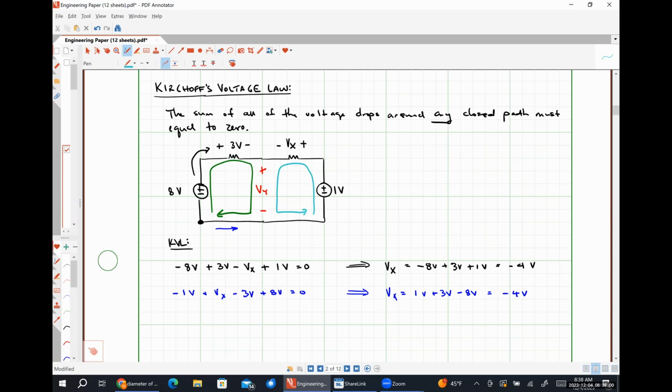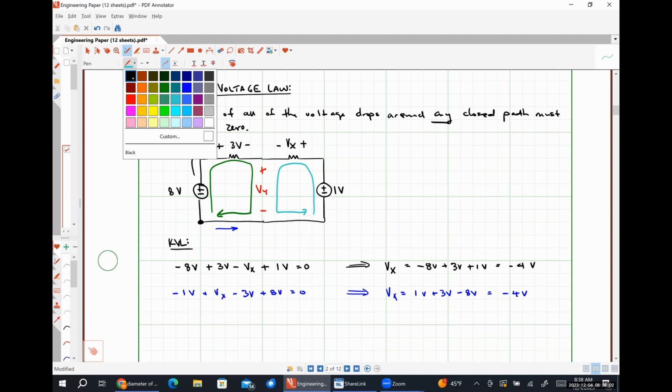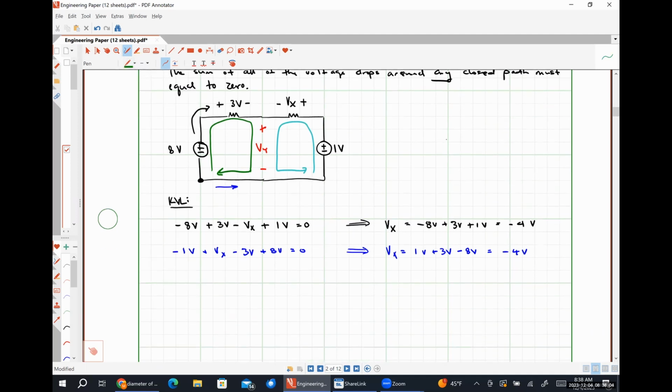So I'm going to use the green path to solve for Vy. Since this is a separate thing, I'm going to put a line under it. Starting from the bottom left-hand corner and following that green path around, we would have negative 8 volts plus 3 volts plus Vy is equal to 0.